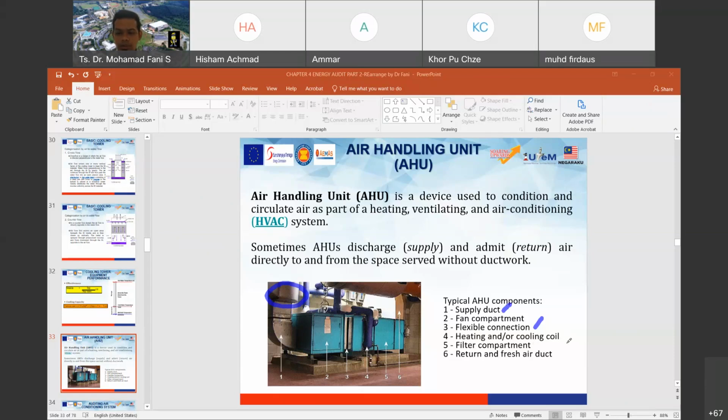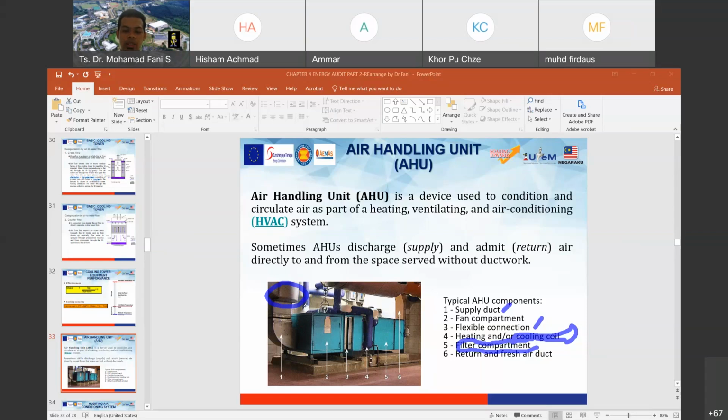Heating and cooling coil, we also need a cooling coil to change from the chilled water to the cool air side. Filter compartment, the filter. The filter is important because we need to get fresh air and also to filter out dust.